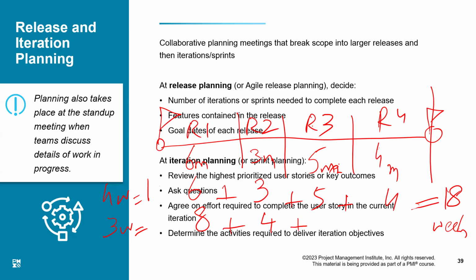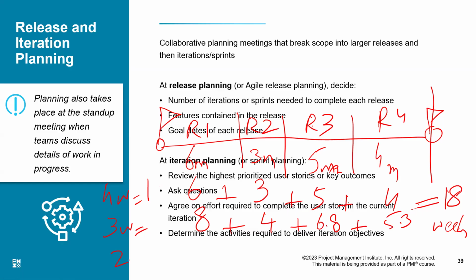And what about this? 20. Now, this cannot be evenly divided, right? 20 divided by 3 is around 6.8. And then 4 months, 4 into 4 is 16. 16 divided by 3 is also not equal, 5.3. So that means this is uneven.